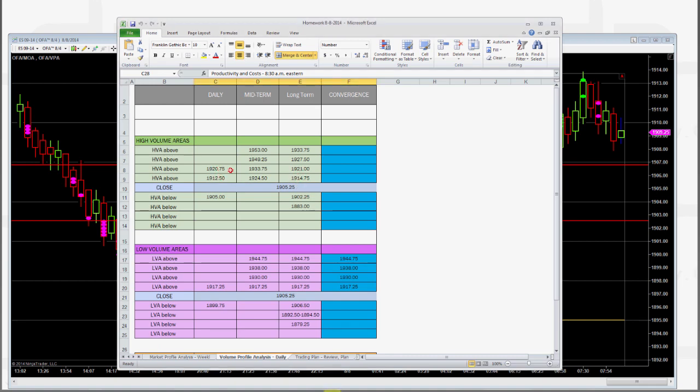So right here at 1920.75 and 1921, that is agreement to me. That's close enough. So what I would put in here is 1920.75 to 1921.